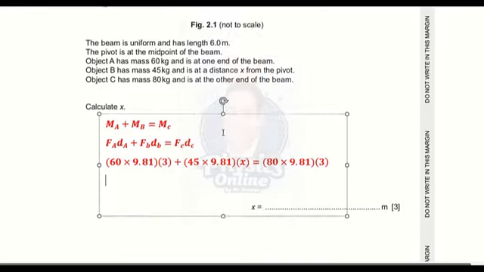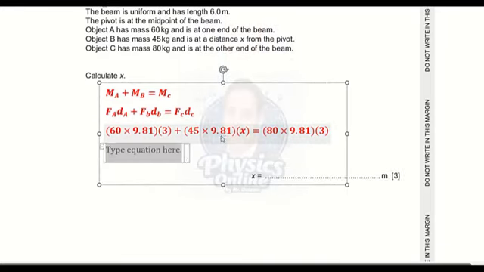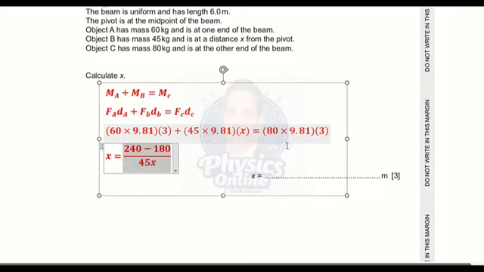We arrange the equation to find x. We send 60 times 9.81 times 3 to the other side. We can cancel 9.81 here. 60 times 3, which is 180, goes negative to the other side. 80 times 3 equals 240.